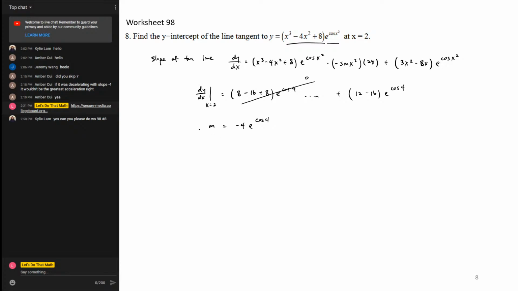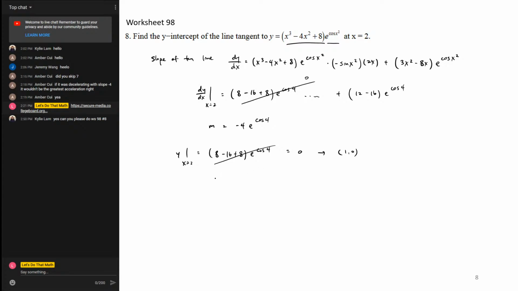I don't have this point, but I can find it by plugging in x equals 2 into just the y function. That's going to be 8 minus 16 plus 8 times e to the cosine of 4. And again, this whole thing is 0, so our y value is 0, so that means our point is 1, 0.